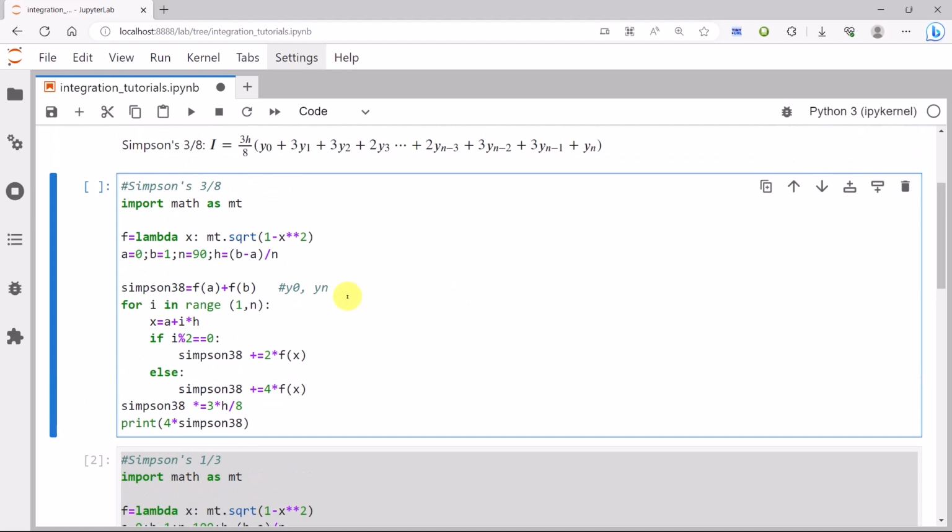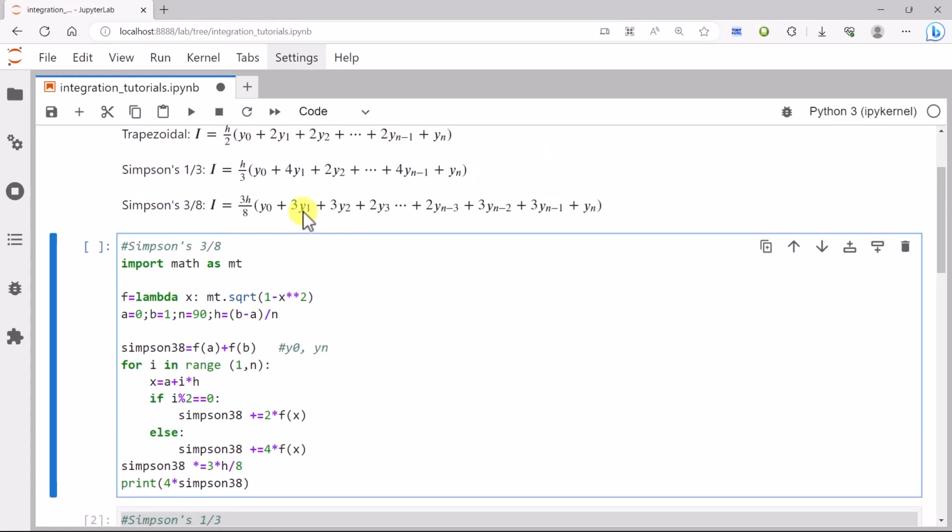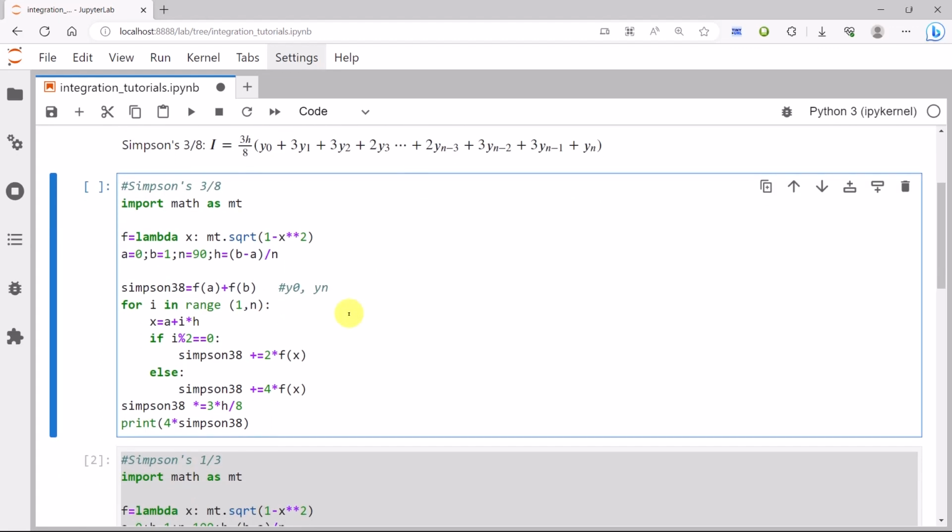Okay, so what is the logic here? Logic here is that if it is 0, 1, 2, 3, 1, 2, 3, 1, 2, 3, then 4, 5, 6. So you have 3, then 6, then 9, that would be multiplied by 2. Otherwise it will be multiplied by 3.